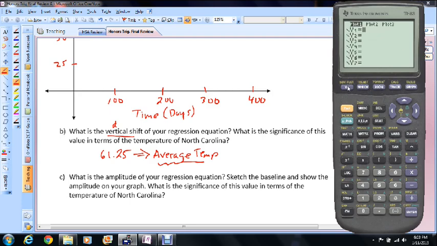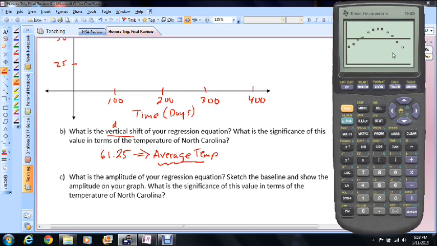So if I go to y equals and I just graph that 61.25 number, what's going to happen is it's going to cut the graph in half. So let's take a look. Okay, there we go. So that's like our center line. That's basically telling us that's like the average temperature. And that kind of makes sense visually because the average we typically tend to think of as what best represents all the data.